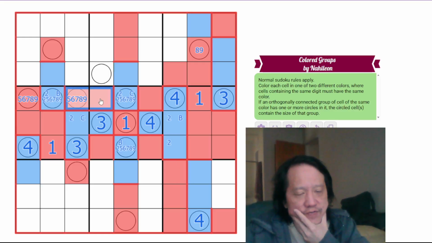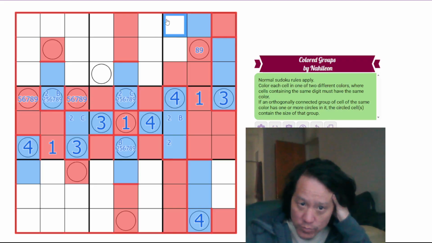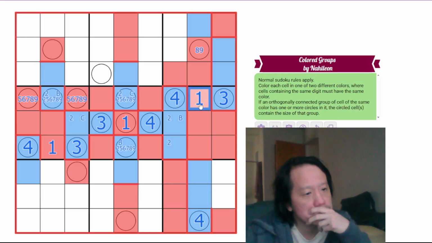This has to be at least 5. That's interesting. So one of these is red, one of these is blue. If this is red, this becomes a blue-blue pair.